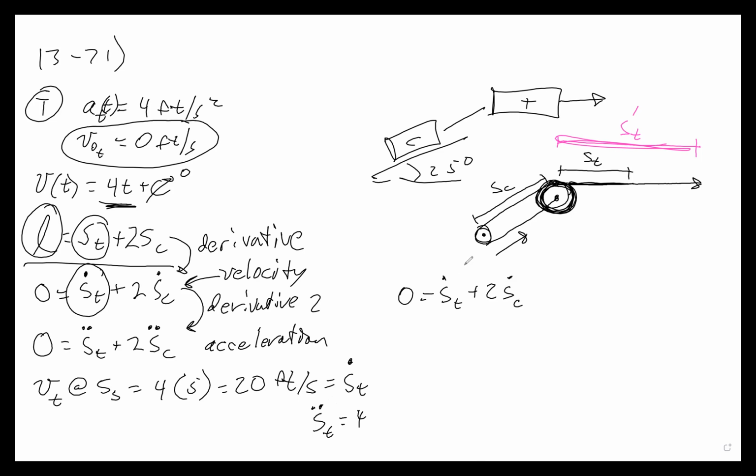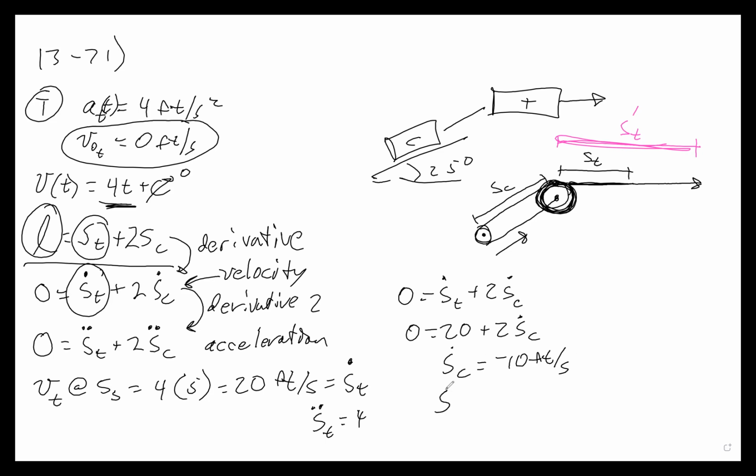Since we know S sub t dot is 20, we can substitute and find the velocity of the car, which comes to negative 10 feet per second, because it's just 20 subtracted over and divided by 2.